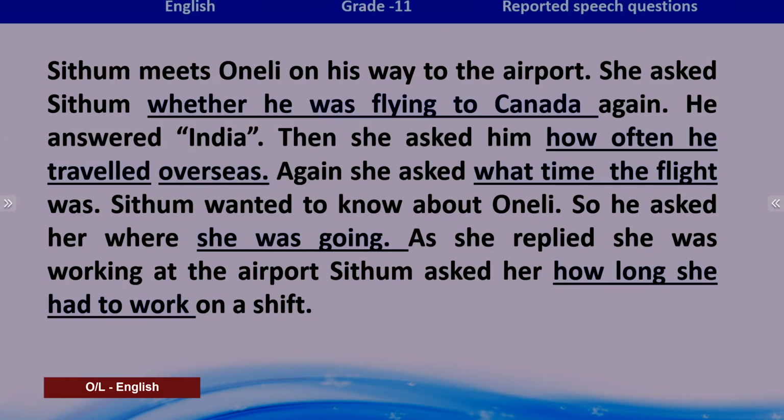Situm wanted to know about Oneli, so he asked her where she was going. As she replied she was working at the airport, Situm asked her how long she had to work on a shift. Okay children, now I hope you have got all corrected.